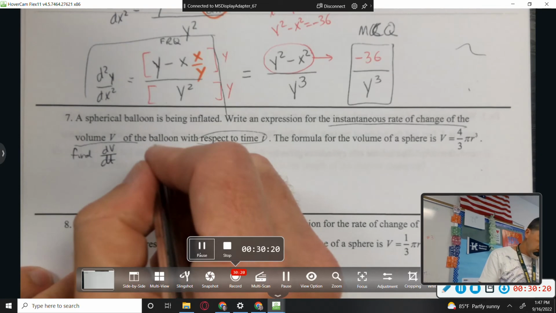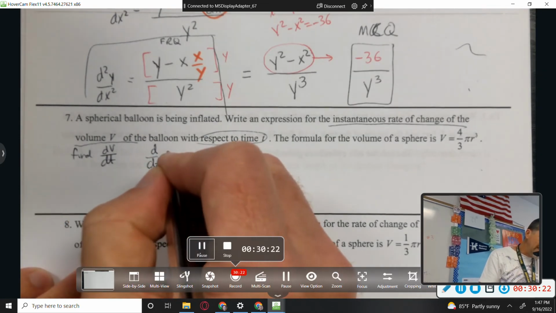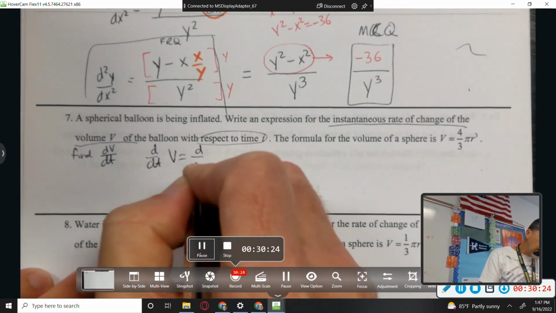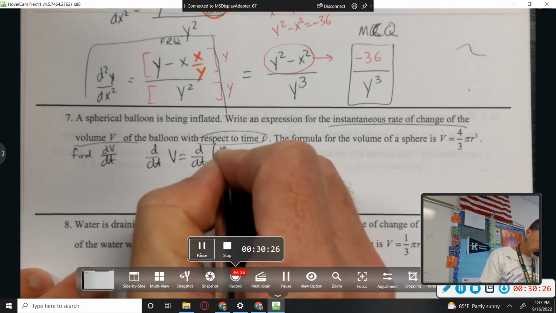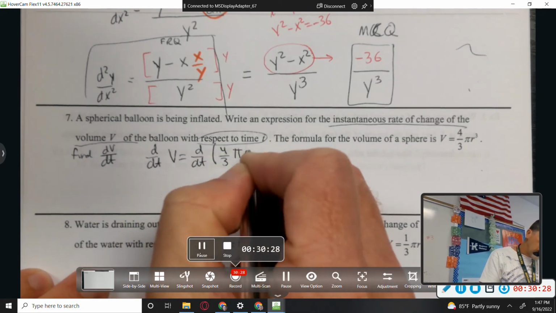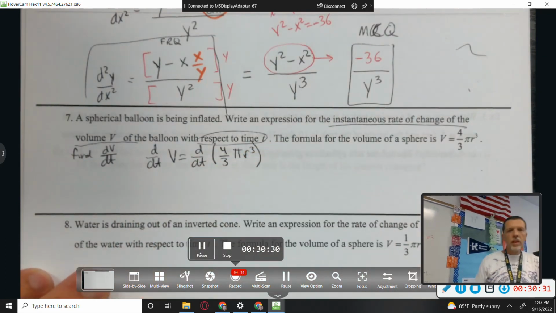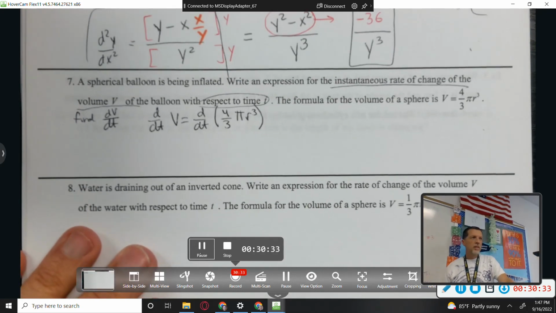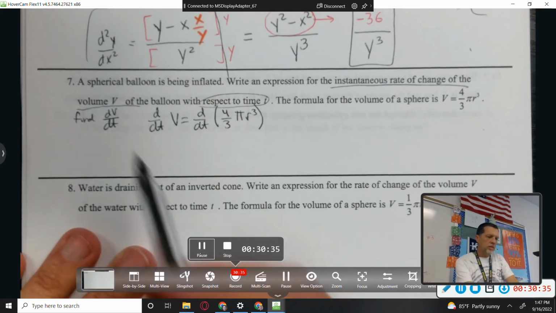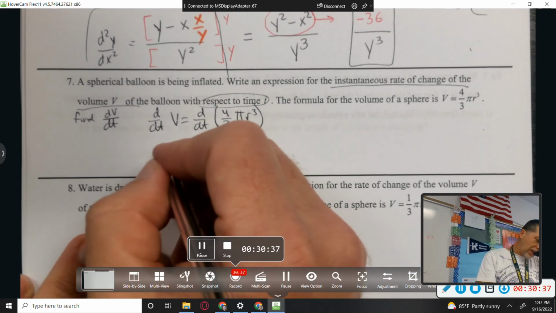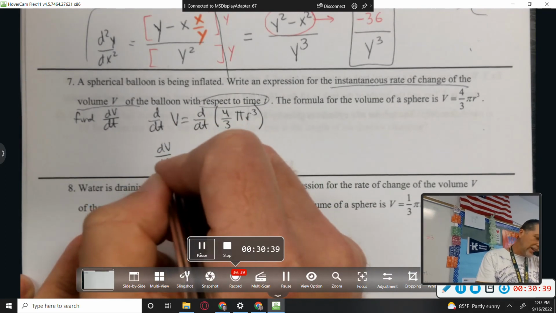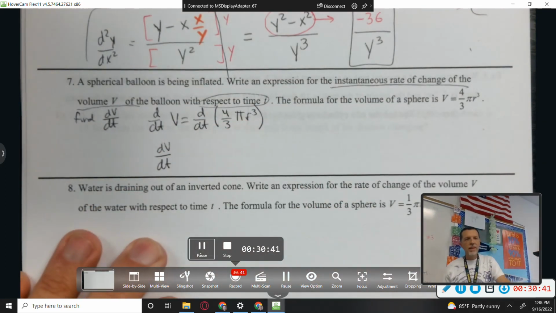Let's do d dt of both sides. So d dt of V is the same thing as dV dt. That's the easy side.